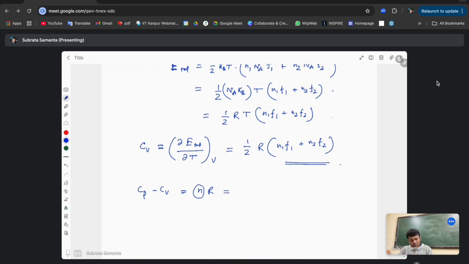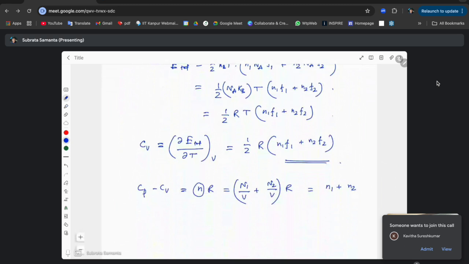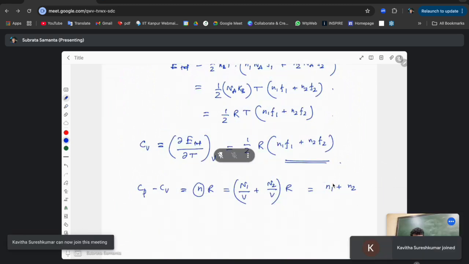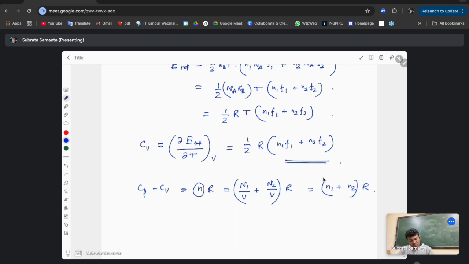If the volume is the same, I can write n1 over V plus n2 over V, times R. So this is basically (n1 plus n2) times R, so n equals n1 plus n2.